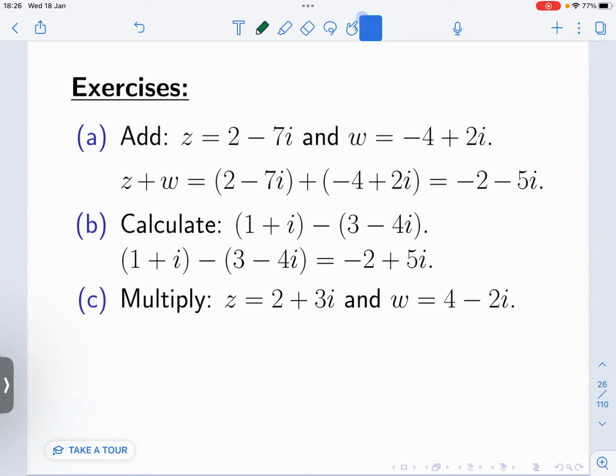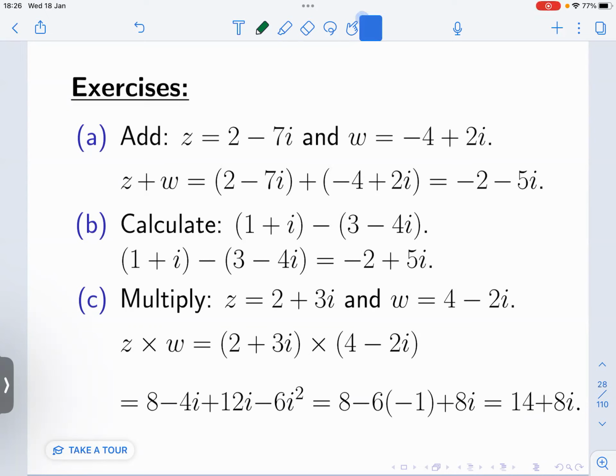And then for our third example, they want us to take the product of Z, which is 2 + 3i, with W, which is 4 - 2i. Again, the procedure is still the same. (2 + 3i) times (4 - 2i). When you expand, we see that we'll get 8 - 4i + 12i - 6i².